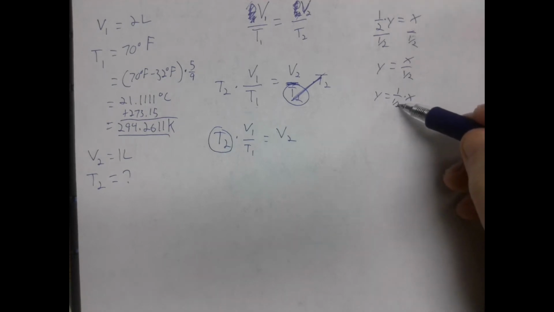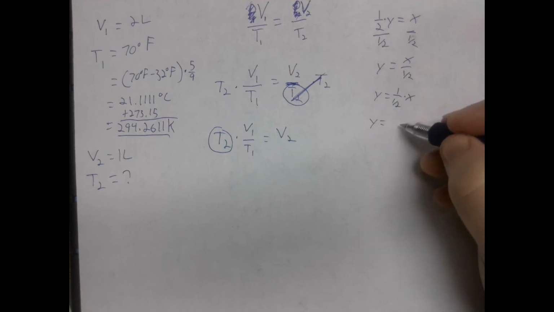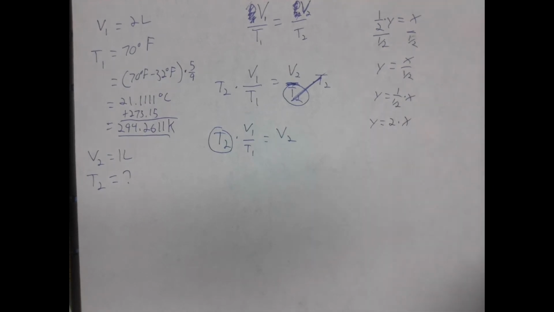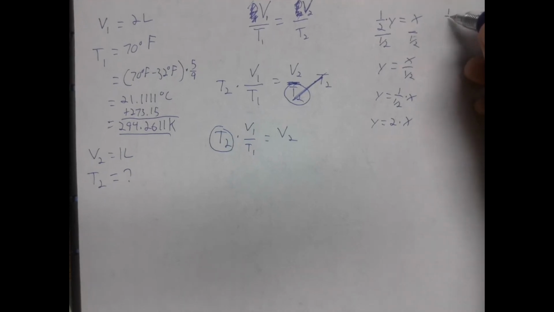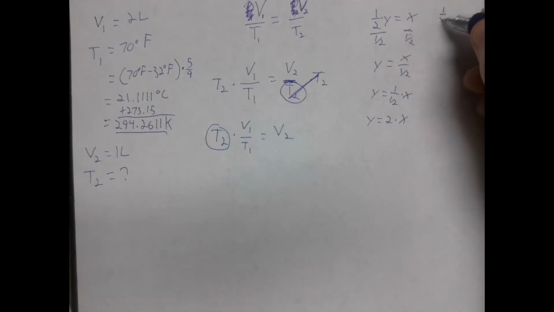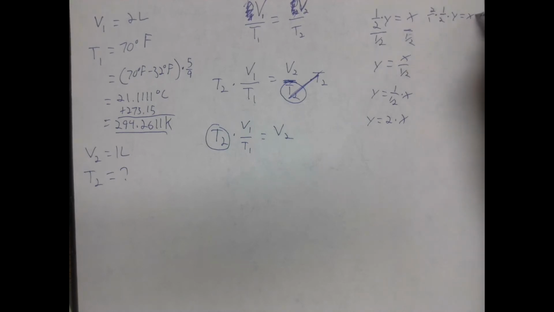And how many times does a half go into 1? So that's equal to 2 times x. I prefer where we multiply by the reciprocal. That's how I do my algebra. So if we have 2y equal to x, I'd multiply by the reciprocal of the fraction, 2 over 1, multiply by 2 over 1.